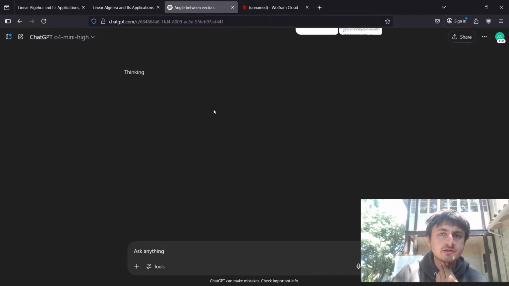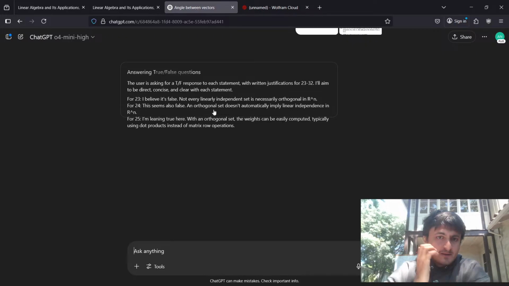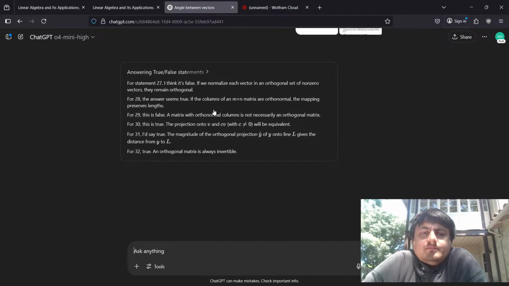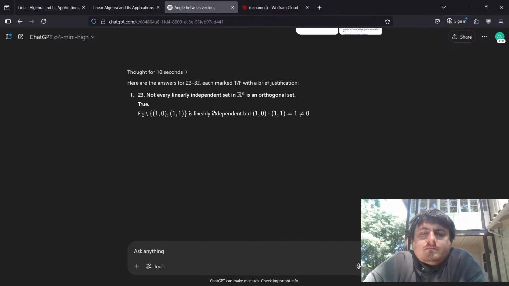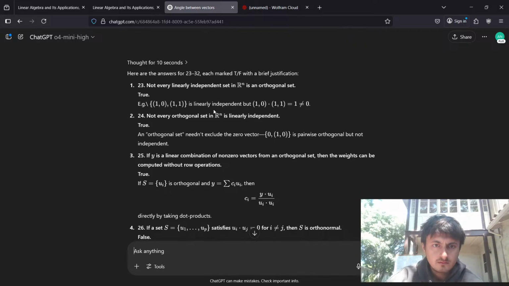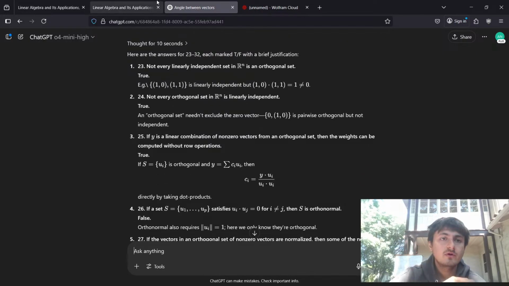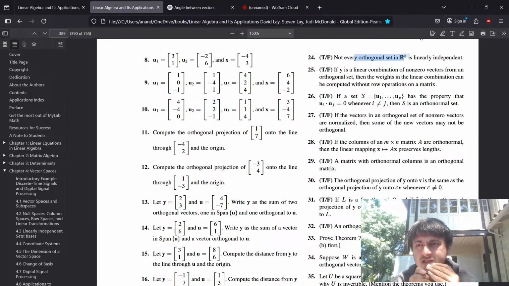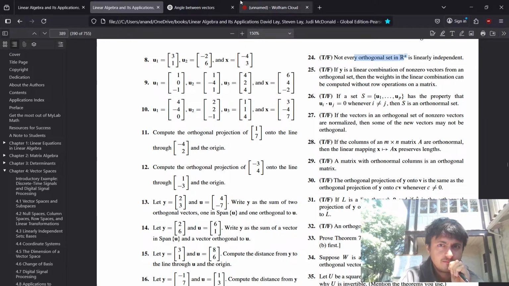All right, so just checking our answers. Okay, true. Wait, 24 I wrote is false, but oh, not every. Oh yeah. Wait, not every orthogonal set in Rn is linearly independent. Really?